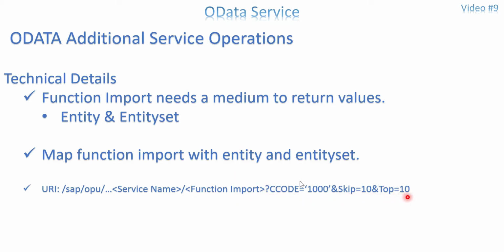For example, I have company code, or material and plant. You can give whatever you want with the help of the ampersand symbol. So this is the URI to call the function import. Technically, it triggers the method called execute action. Clear?